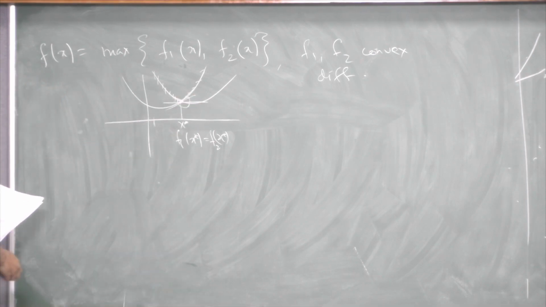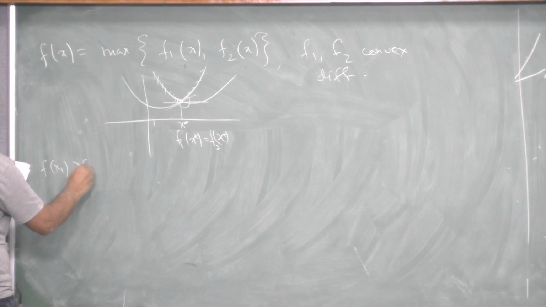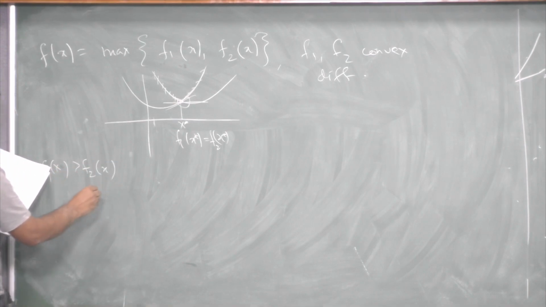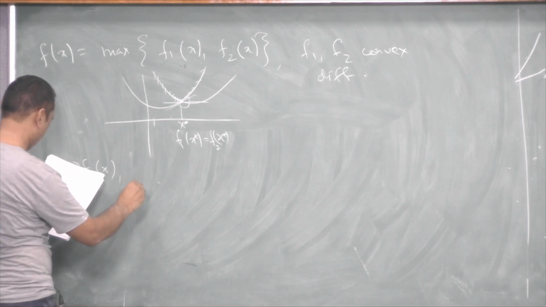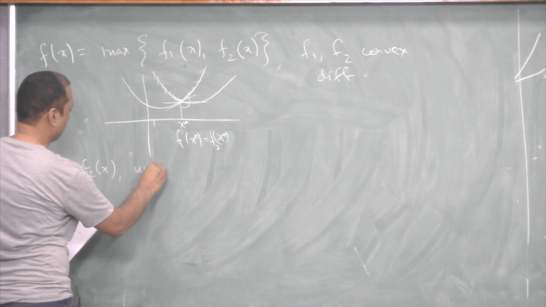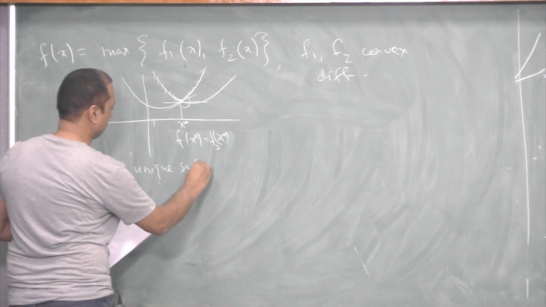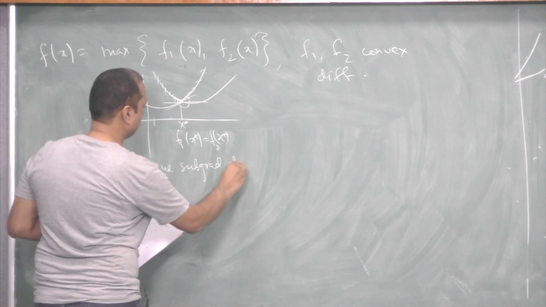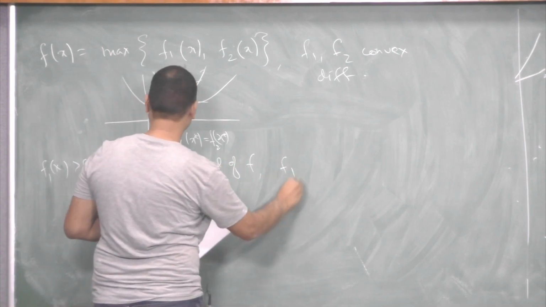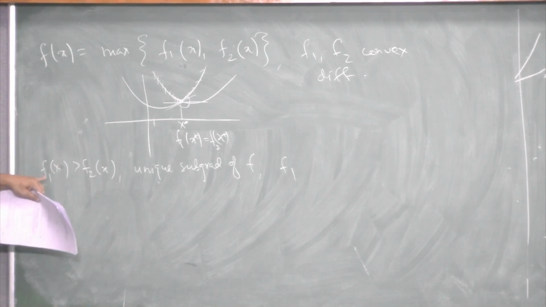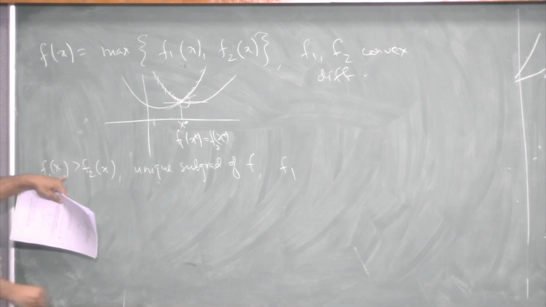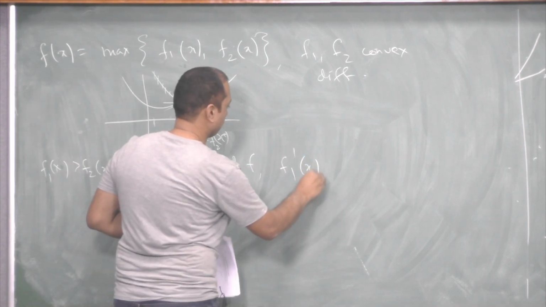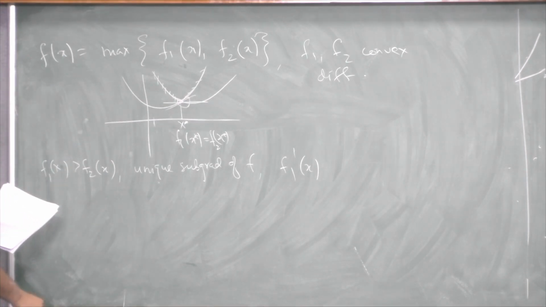So let us write this down. If f1(x) is greater than f2(x), then we have a unique subgradient of f, and because it's a max function, it's f1 prime(x).